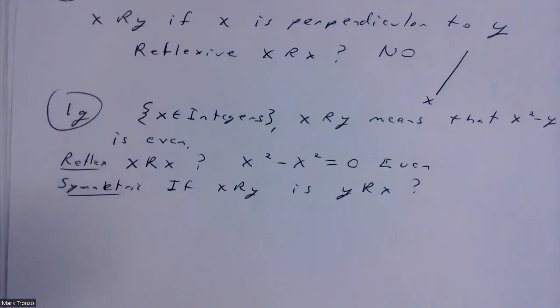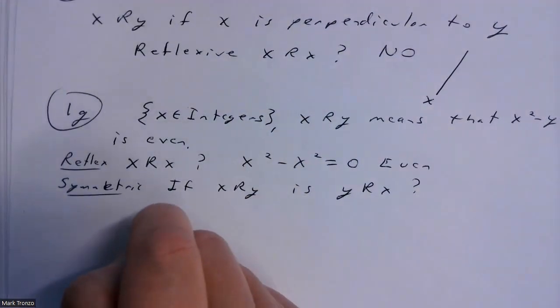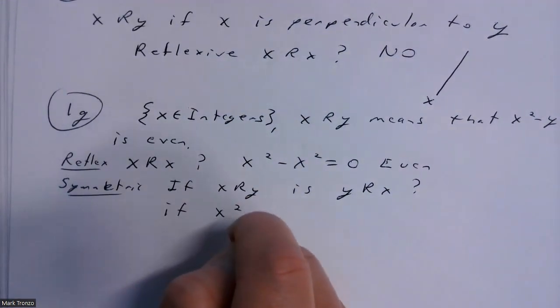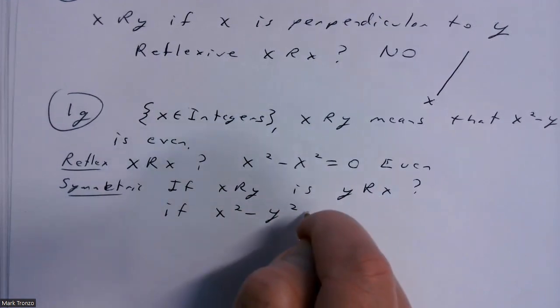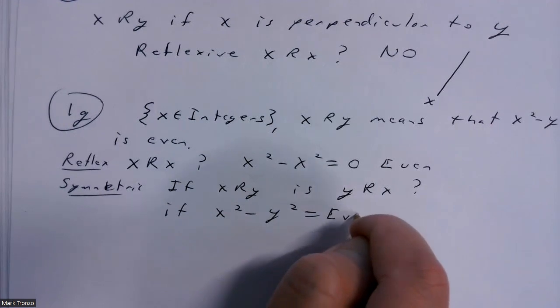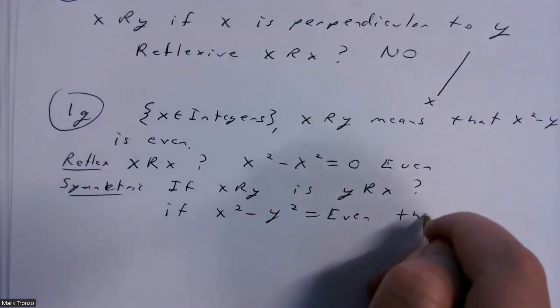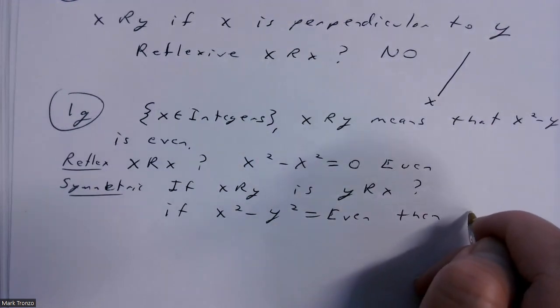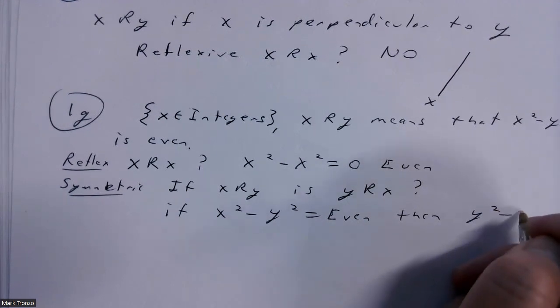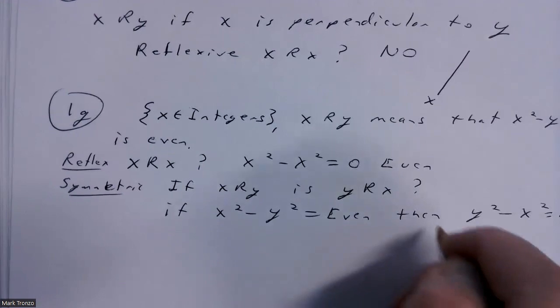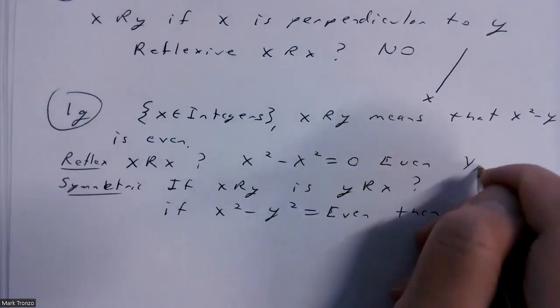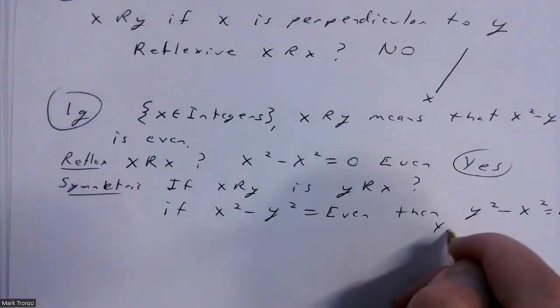And that's certainly going to be true because if you have two numbers such that X squared minus Y squared is even, then with a different sign, Y squared minus X squared is going to be even. So we have two yeses.